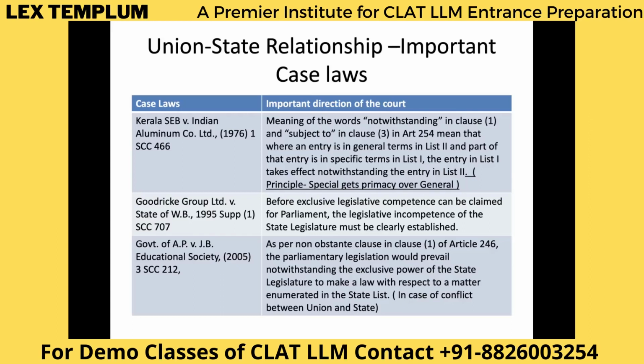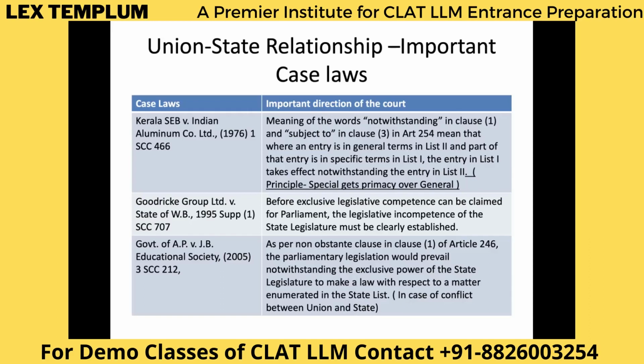Now, the second case is Goodricke Group Limited versus State of West Bengal. In this case, the court said that before exclusive legislative competence can be claimed for Parliament, the legislative incompetence of the state legislature must be clearly established. Right? And the next case is Government of AP versus JB Educational Society.